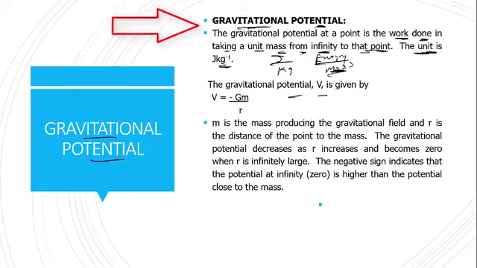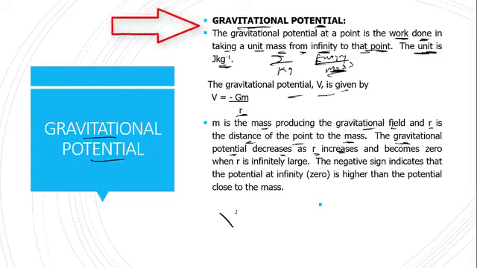So the gravitational potential is given by V equal to minus the gravitational constant times the mass of the body divided by the distance between the two bodies, where m is the mass producing the gravitational field, r is the distance of the point to the mass, and the gravitational potential decreases as the distance increases.